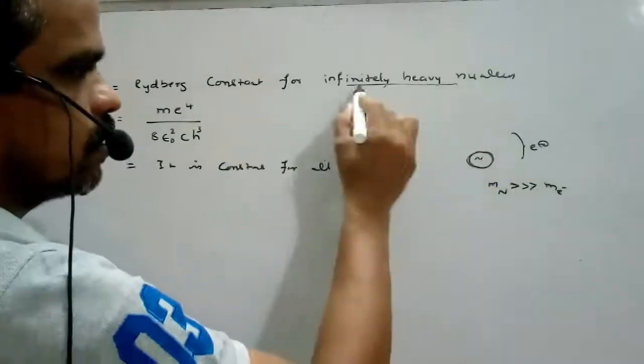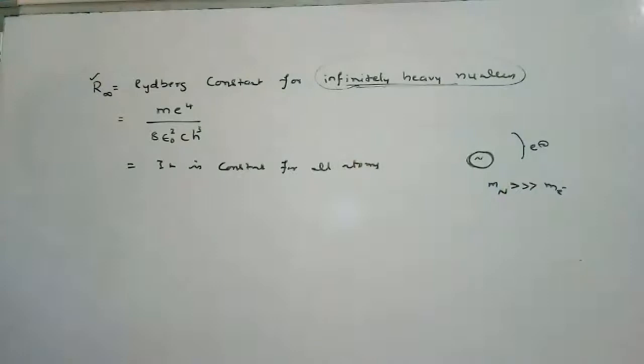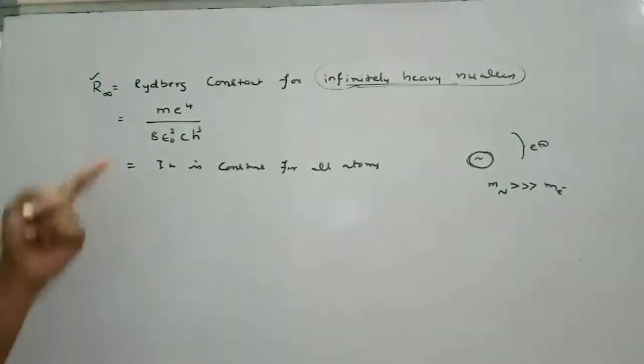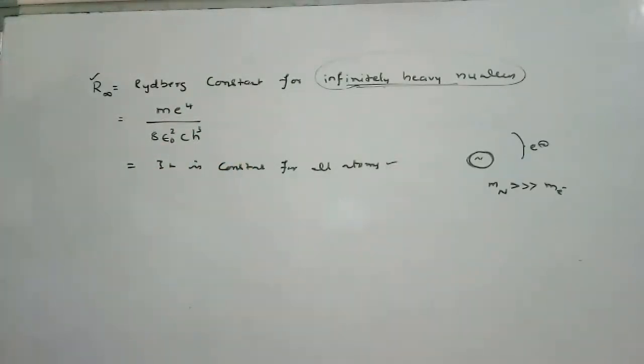That's why we consider it an infinitely heavy nucleus compared to the electron. So this is the formula for the Rydberg constant for an infinitely heavy nucleus. It is constant for all atoms.